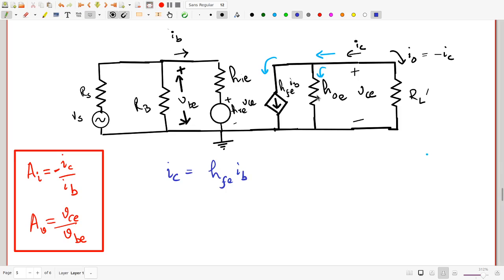Now you have to be a bit careful here. HOE is an admittance and not a resistance. So current through it is actually the voltage across it, which is VCE, times the admittance. So it's HOE times VCE. Well, VCE, as you can already see from this, just by looking at it from the other side, is actually the same as IO times RL prime or minus IC times RL prime.